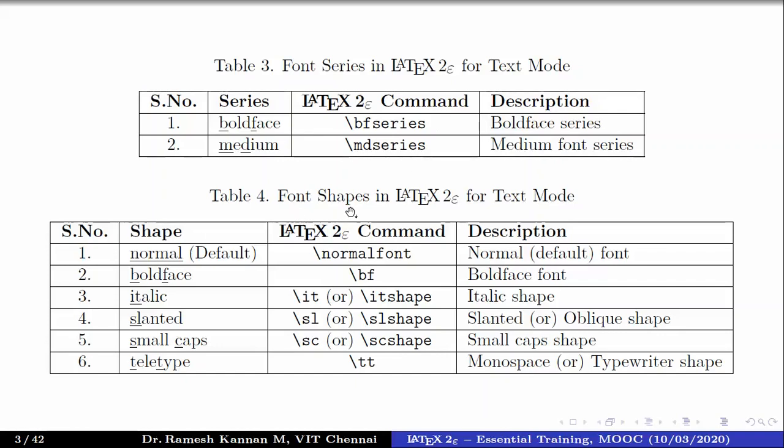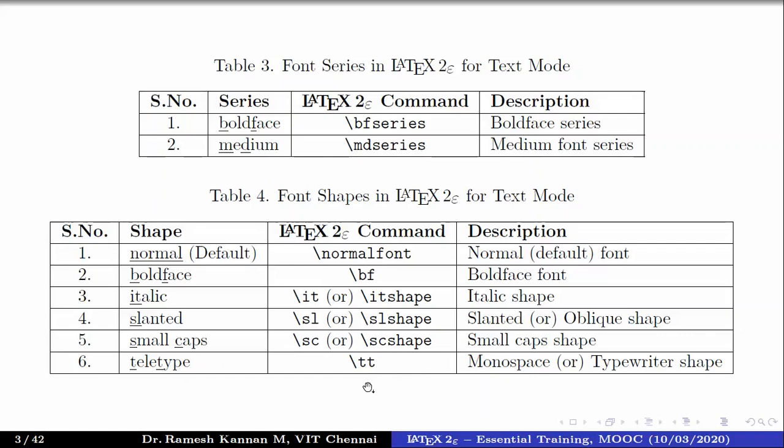And font shapes are pretty much an important thing, so we'll pay much attention to it. Default, as I said, is the normal font. Even if you don't provide it, it's just the default Roman font. And boldface is slash bf, and italics is slash it. In addition to that, you can provide the shape: slanted is slash sl or slash slshape, small caps is slash sc or slash scshape, and teletype is slash tt.